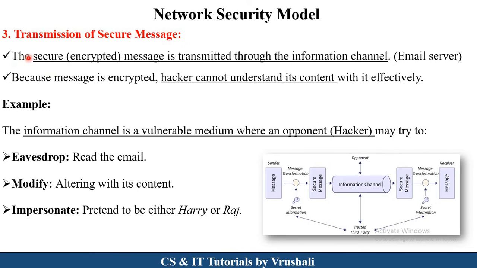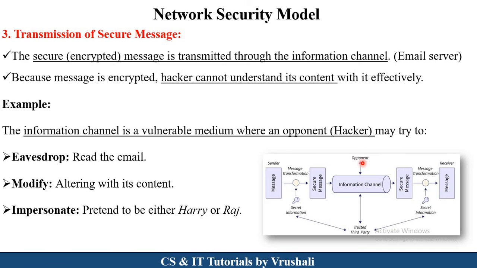Now, the third step is transmission of the secure message. This encrypted message is sent through the information channel to the Gmail server. In this information channel, there are different opponents, which means hackers, who want to access this information. Eavesdropping opponents want to read the sensitive information in this mail.